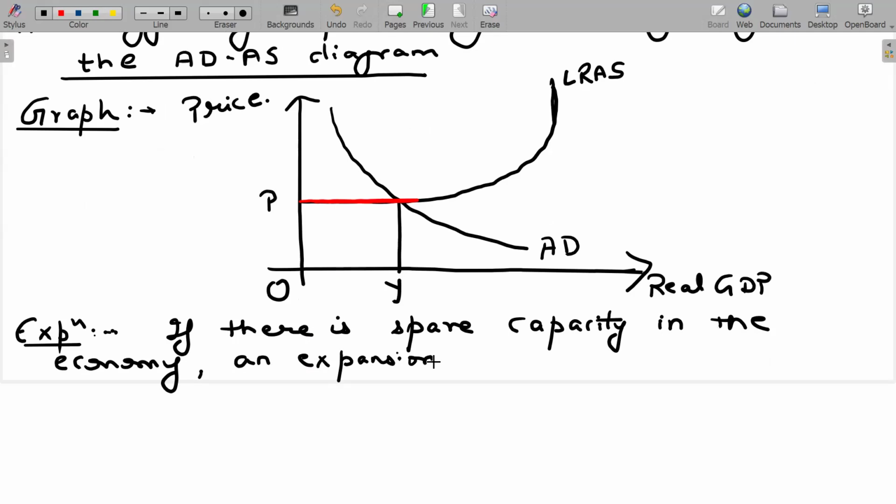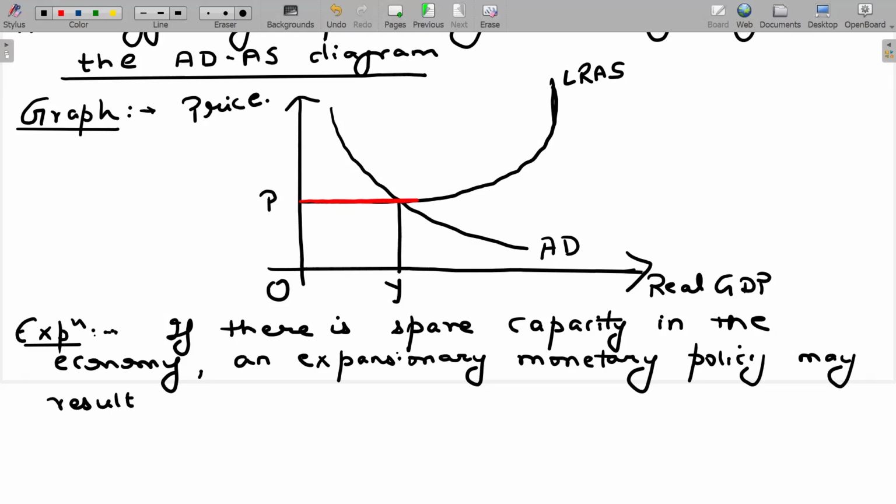One way in which the central banks conduct an expansionary monetary policy is by lowering the interest rates.